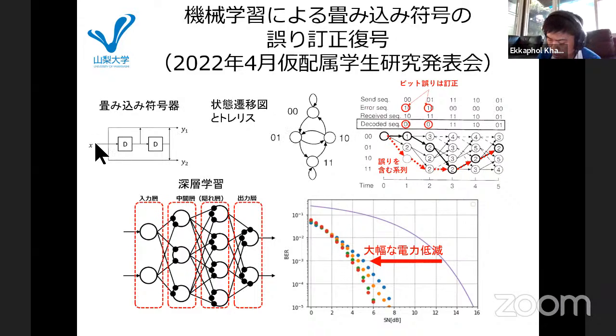And 1 bit is converted into 2 bits, so efficiency is not good. But this convolutional coding is very strong, and it was introduced and was used in Voyager.